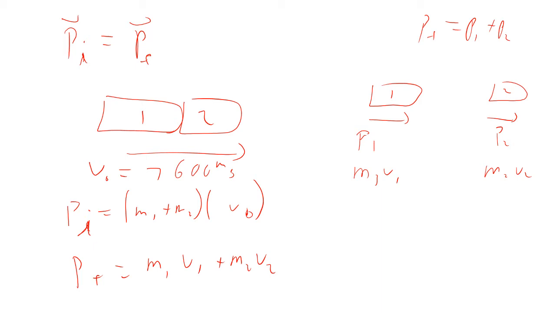So now we have (M1 plus M2) V naught equals M1 V1 plus M2 V2.